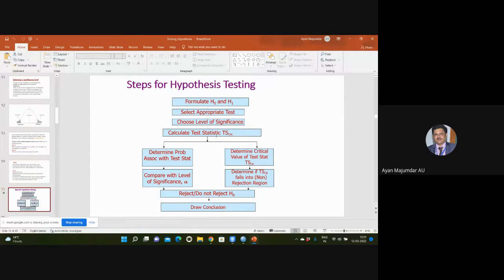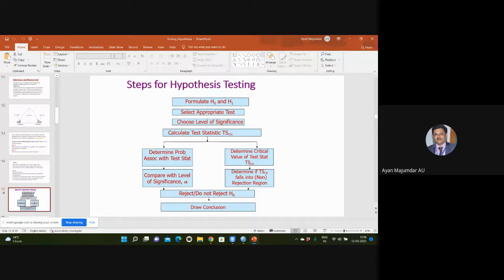The method which I have discussed just now is the classical method of comparing the test statistic value with the tabulated value and deciding on the outcome. Alternatively, from the software result, from the probability, we can compare with alpha and come to that same conclusion whether to accept or to reject the null hypothesis.